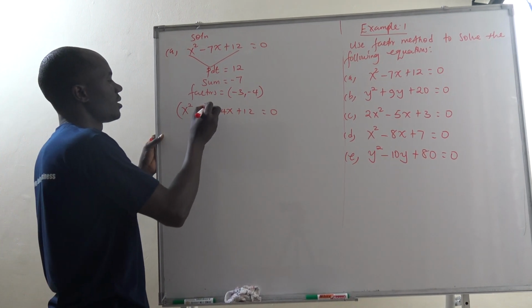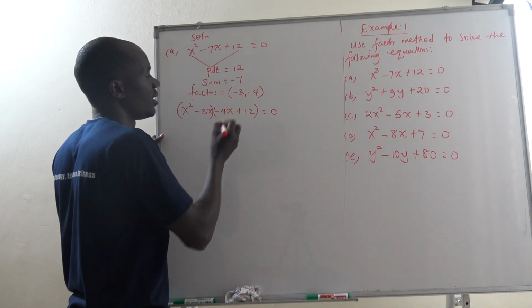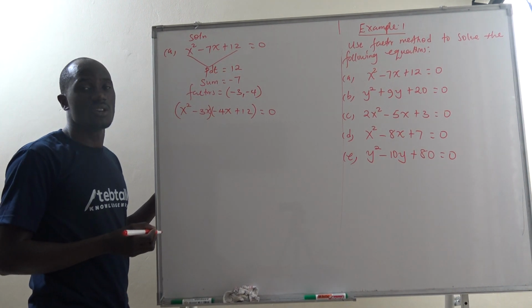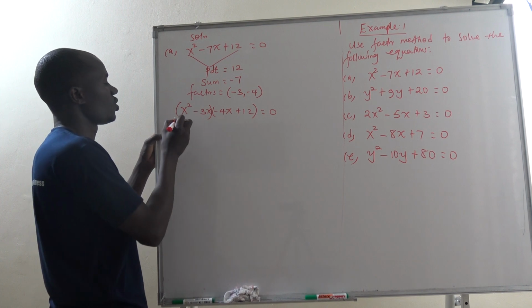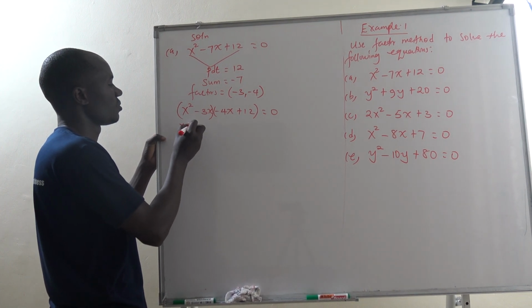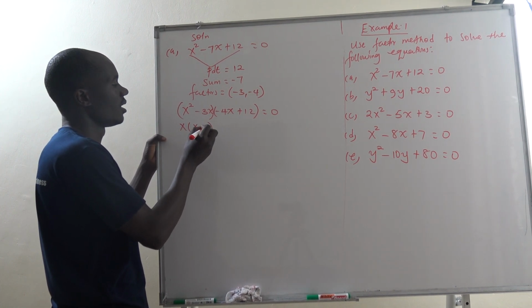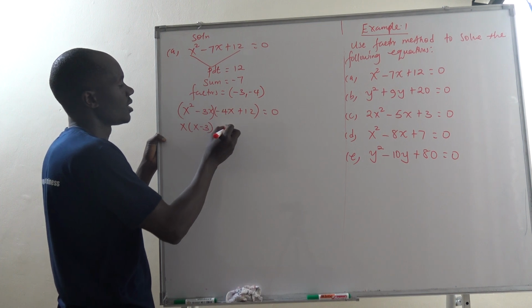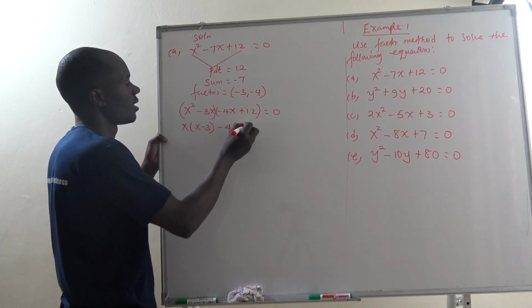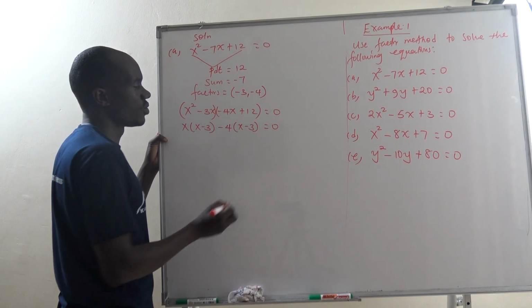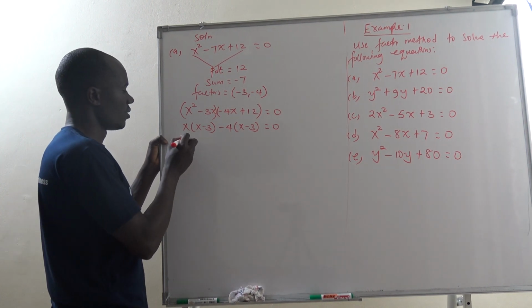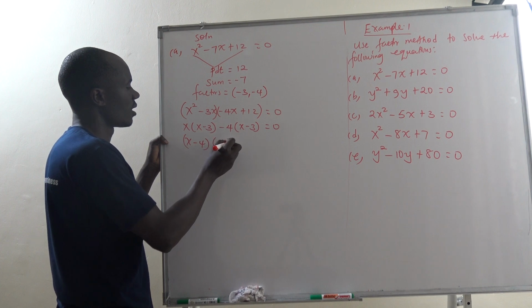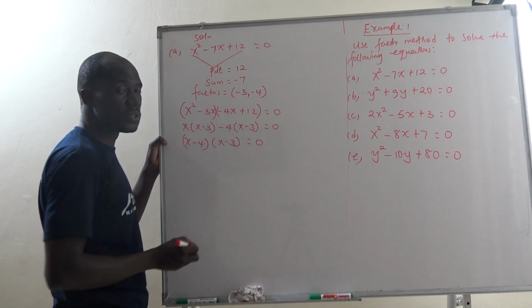Group them and apply factorization. What is common is x into x minus 3. Again, what is common here is a negative 4 into x minus 3. The whole thing equals 0. We now have x minus 4 into x minus 3, the whole thing equals 0.